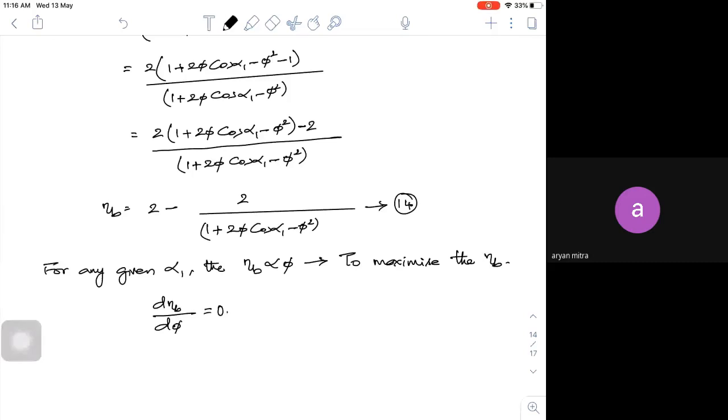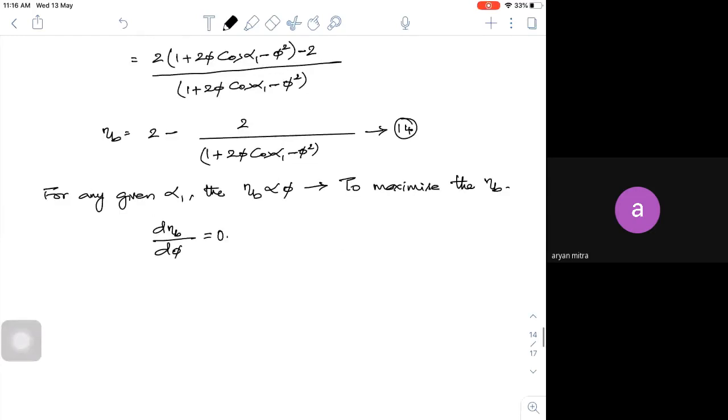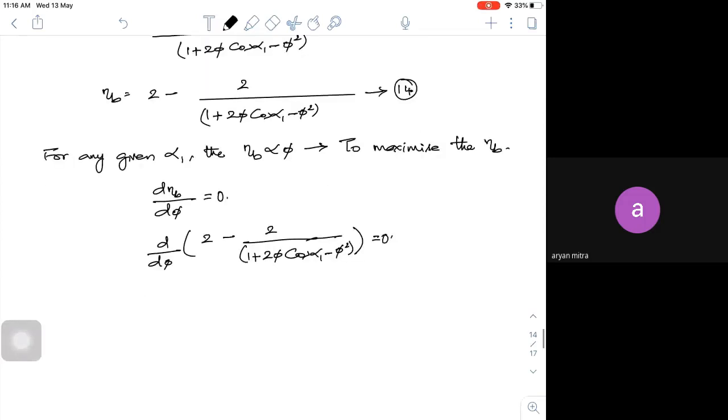If I do that, what should I do? d by d phi of 2 minus 2 divided by 1 plus 2 phi cos alpha 1 minus phi square, and equate it to 0. If I differentiate, the 2 in the numerator is constant, so I am left with only the bottom.